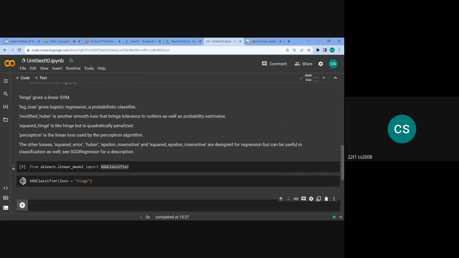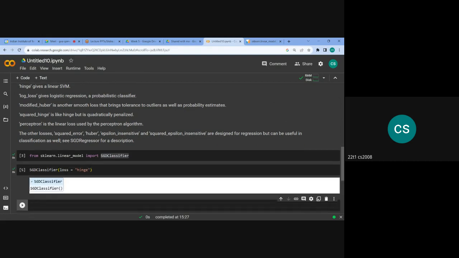Maybe you have noticed that SVM usually takes more time to converge than other linear models. If you compare it with linear models like logistic regression, SGD, and classifiers like KNN, usually the SVM takes more time.